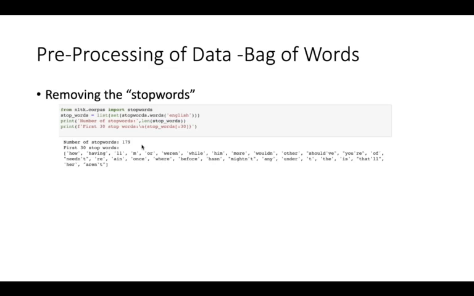While creating our bag of words, we remove the stop words, which don't add or enhance the meaning, like the words or, while, him, more. They're not going to change it much.